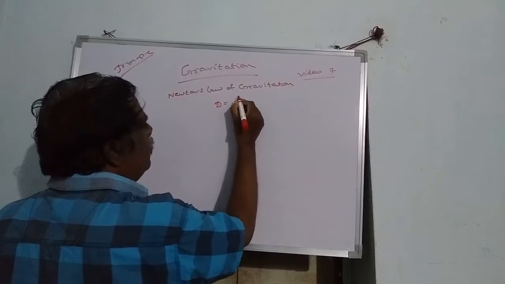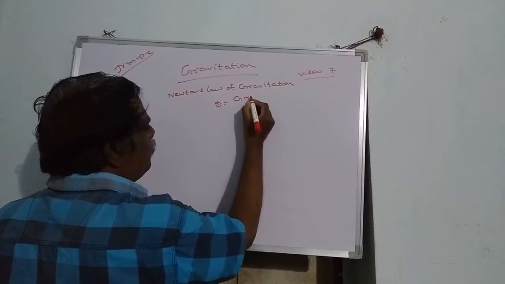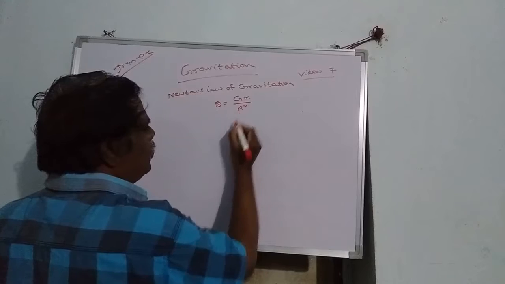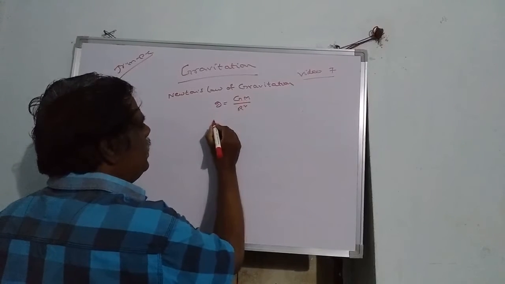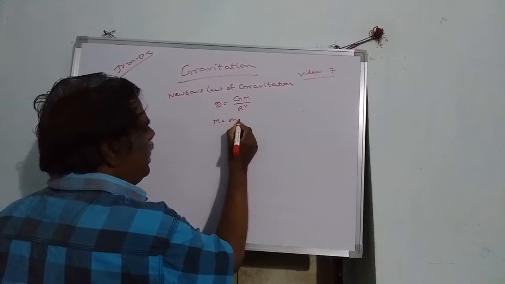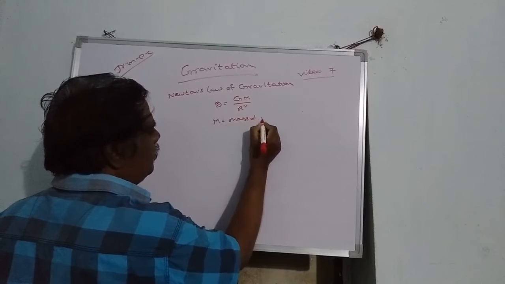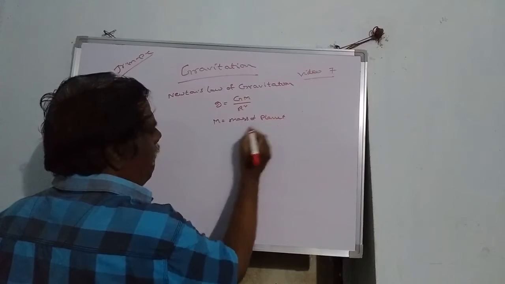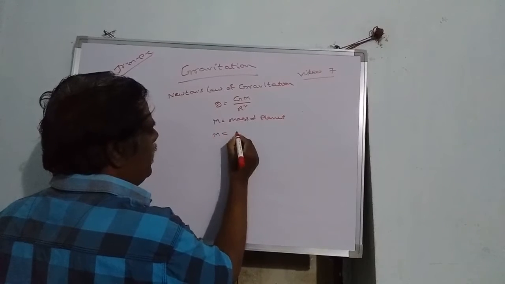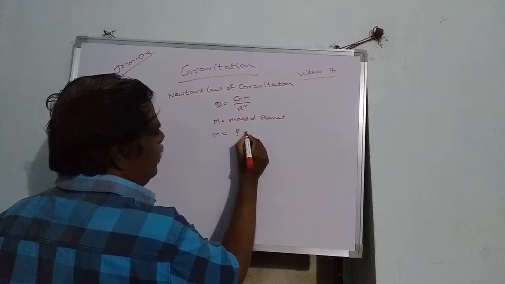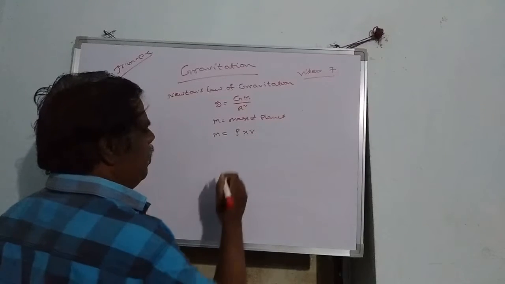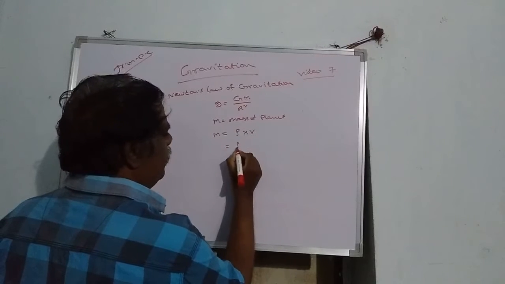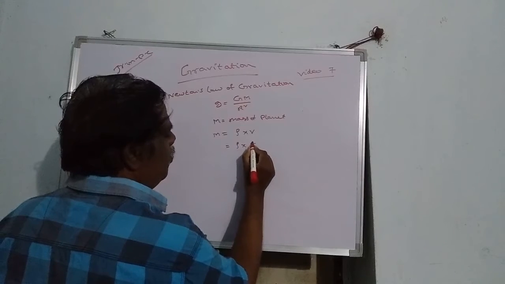g is equal to GM by R square, so g and R are inversely proportional. This M is the mass of the planet. Mass is nothing but density into volume. Density is rho.